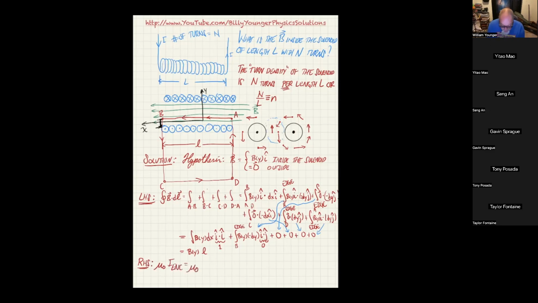Now notice with my thumb sticking out in the direction of the current, my fingers curl in this counterclockwise way, which is the same direction that I integrated around that loop A, B, C, D, A. So all of these currents are positive, and the number of those currents is the number of wires going through there, which if you multiply little n times L, you'll get the number through there because the density is little n.